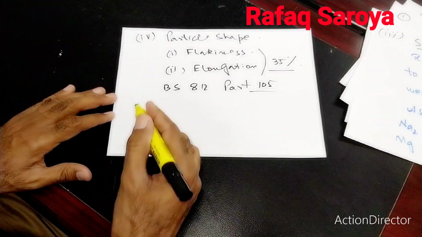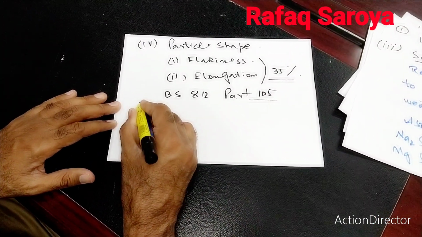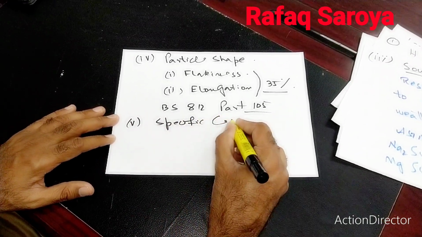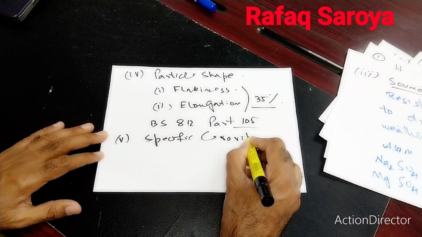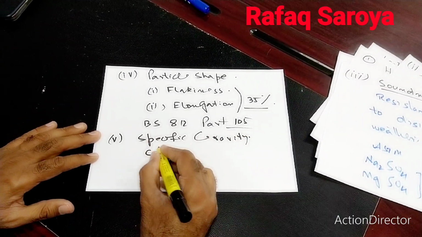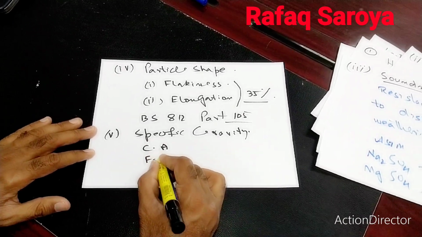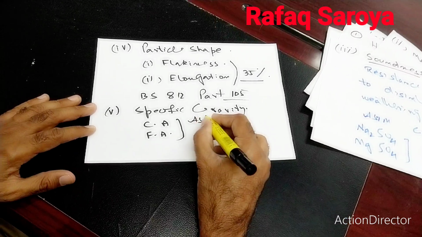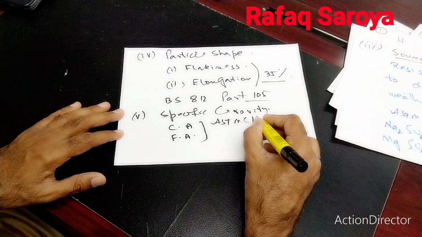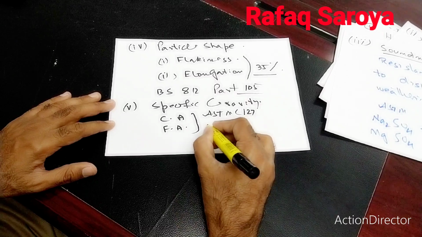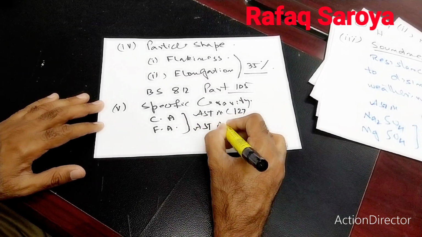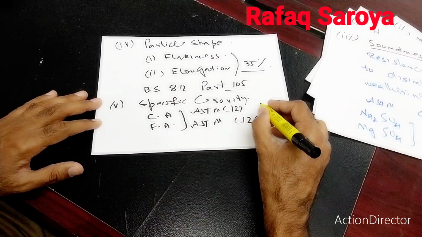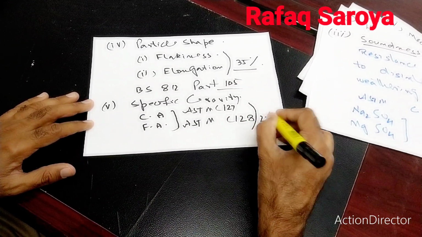After particle shape, we have to find out the specific gravity. Specific gravity will be found out for the coarse aggregate and for the fine aggregate. For the coarse aggregate, it is ASTM C127. For the fine aggregate, ASTM C128. And here the minimum acceptable limit is 2.6.